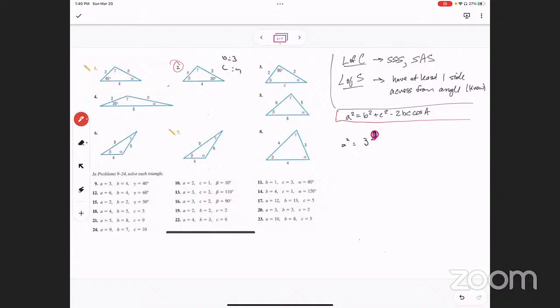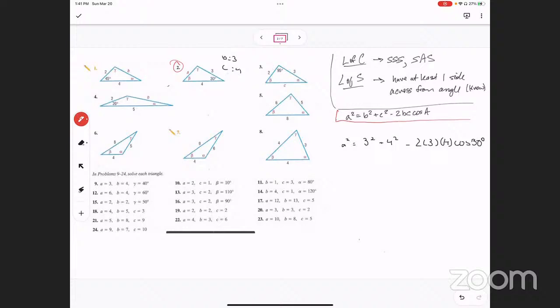So 3 squared plus 4 squared minus 2 times 3 times 4 times cosine of 30. Good, good start.